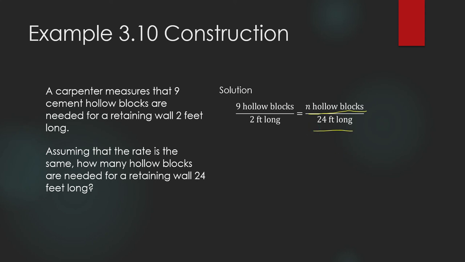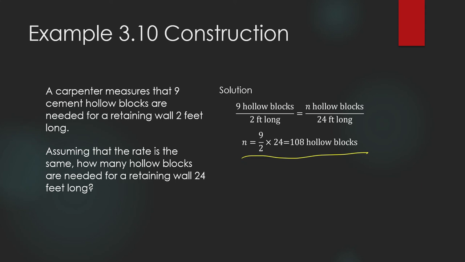Our assumption here is one of proportionality. What is the value of n? We just solve for n. We multiply both sides of this equation by 24, and this will give us n is equal to 108 hollow blocks.